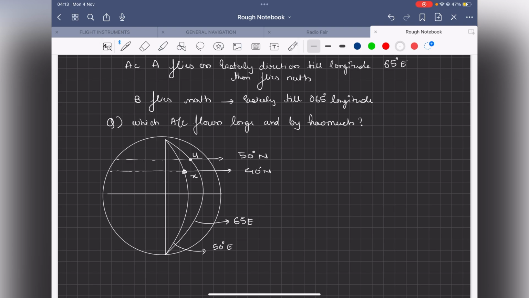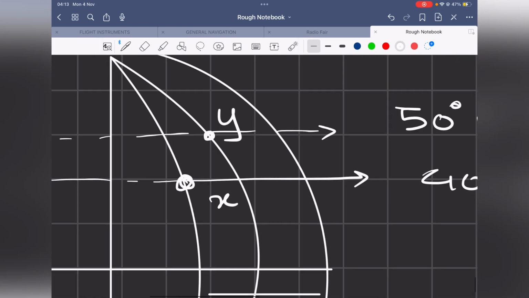This is point Y. Now if I were to just zoom within this portion, you will realize that aircraft A first flies eastwards, then flies north to reach this destination, and aircraft B is flying north first and then east.